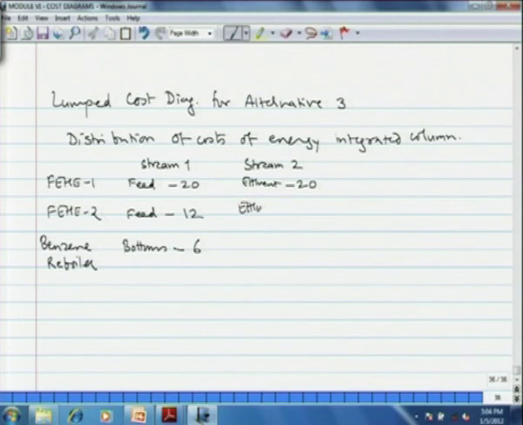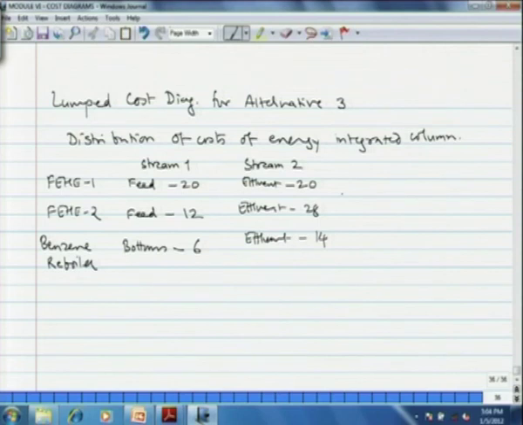Stream 2 is effluent, reactor effluent in all three cases. So for FEHE1, $20,000 is the share of effluent, FEHE2, $28,000 is the share of effluent, and the benzene reboiler, $14,000 is the share of the effluent.